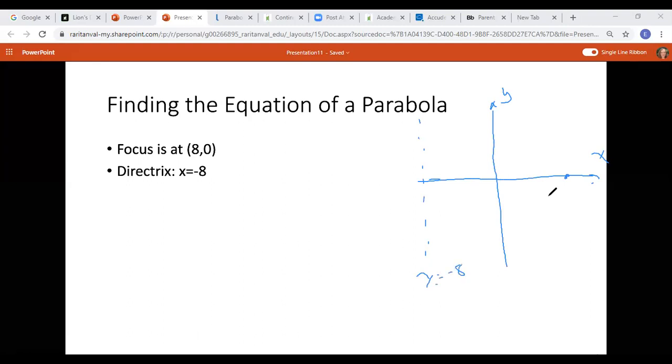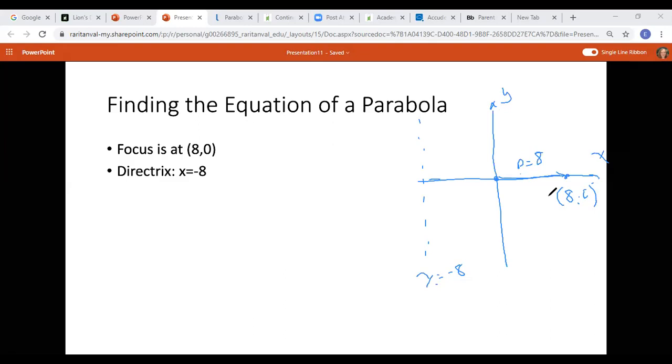This is (8, 0). So we know we're moving 8 in each direction. We know our vertex is at (0, 0). We know our p is equal to 8.